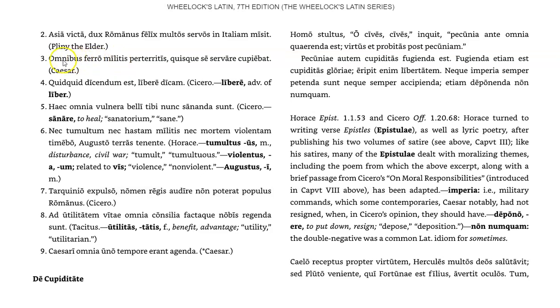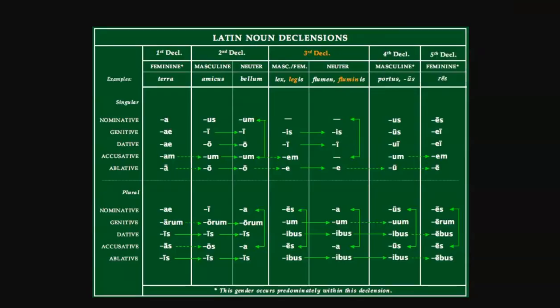So the first word, this is Caesar here. So, omnibus ferro militis perterritis quisque se servare cupiebat. What do we have here? Well, we're going to have to look up the words here. Now, omnibus, omne, omnis, it's a common adjective word in Latin, but you can see it is in the third declension.